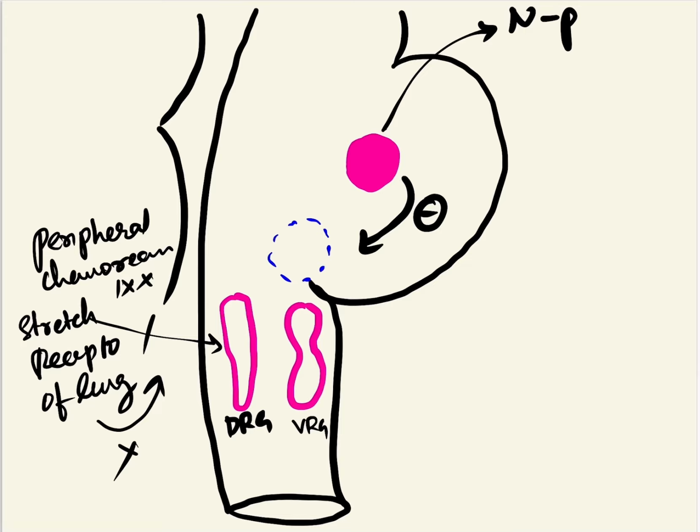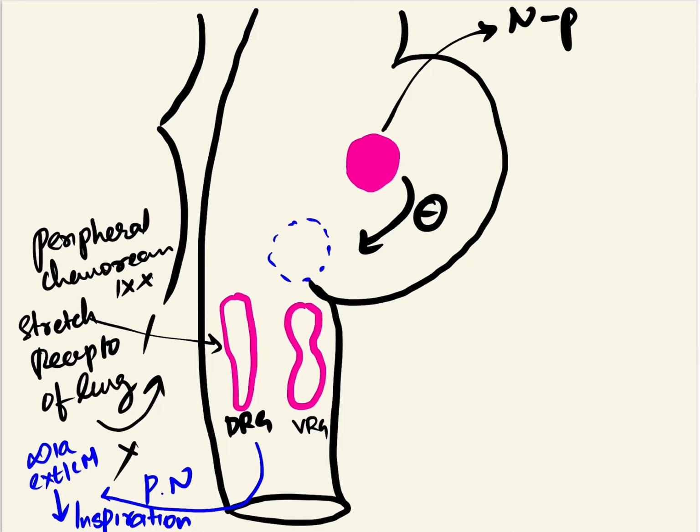So afferents have come. Now efferent motor neurons also should go, no? So efferent motors will go via the phrenic nerve. They act upon the diaphragm and the external intercostal muscles and cause inspiration. It regulates the inspiration, whether to increase or decrease.